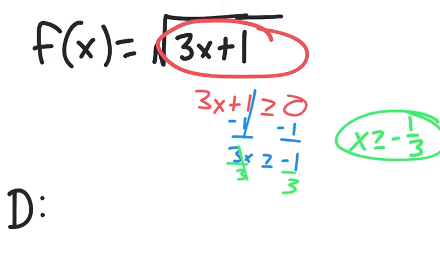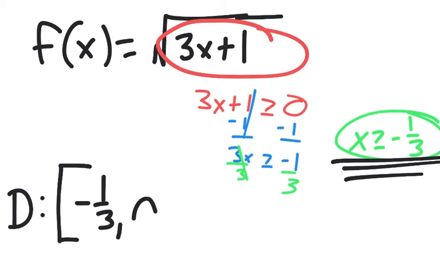Does that make sense? It has to be bigger than or equal to negative 1/3. So when I list the domain, the smallest possible value is negative 1/3. To show that it's included, we put a brace instead of a parenthesis. That means negative 1/3 counts. We're not starting right after it; we're starting at that number. Then it can be anything bigger, all the way till positive infinity, and that would be a parenthesis.